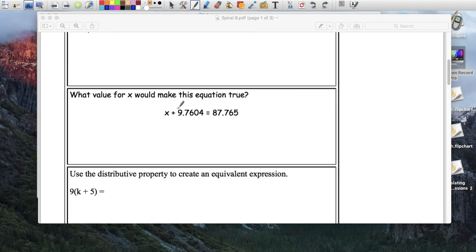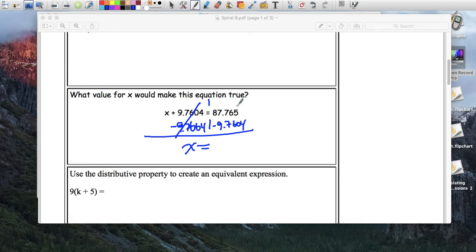A lot of people do it this way, or you will be doing it somewhat like this, where you subtract 9.7604 from this side and minus 9.7604 on this side. These two become 0, so there's no need to write it. So x comes down, and you're going to find that it's the same thing.